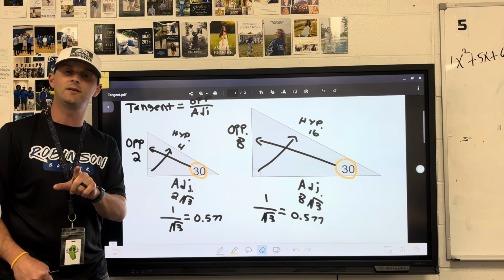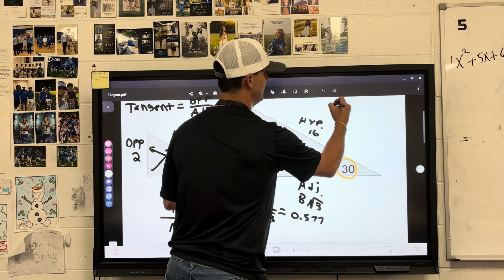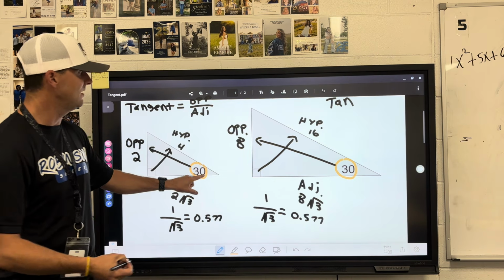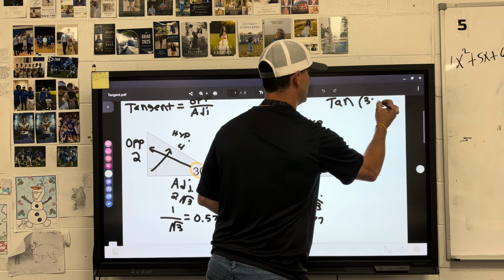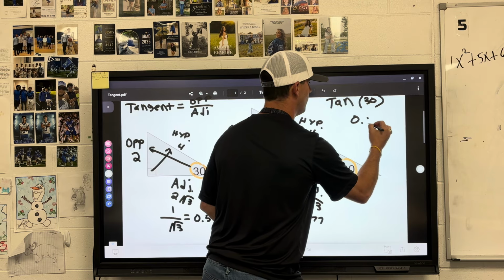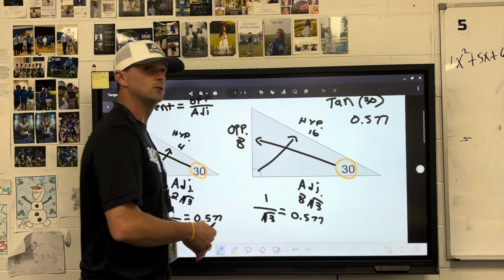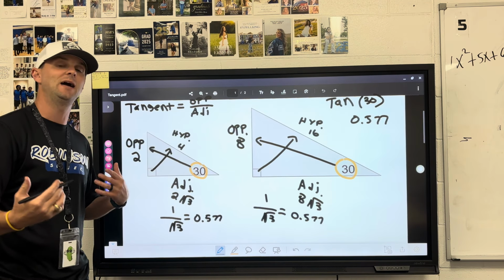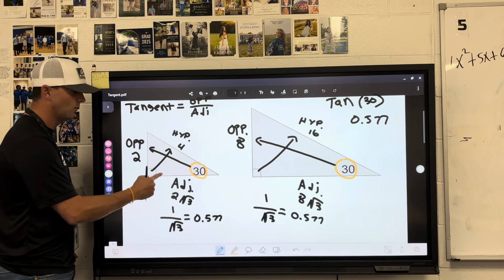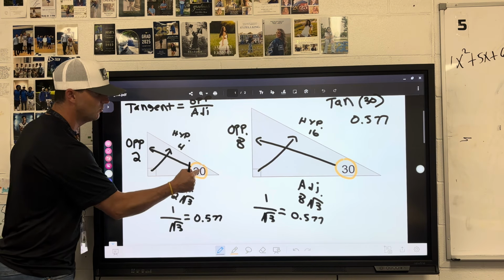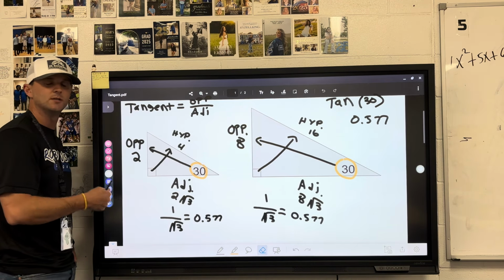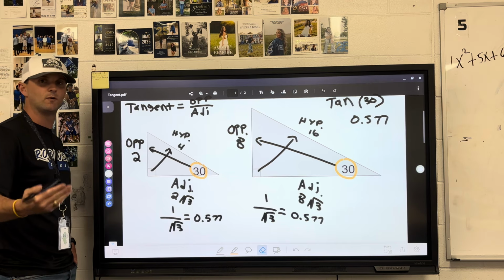If you go in the calculator and type in tan, which means tangent, and then 30, the tangent of 30, and click enter, it would give you 0.577. We're going to use that to find a missing side length, because I know anytime I do the opposite over the adjacent of a 30 degree angle, this is going to be the value of that ratio. So I can use that to solve for a missing side.